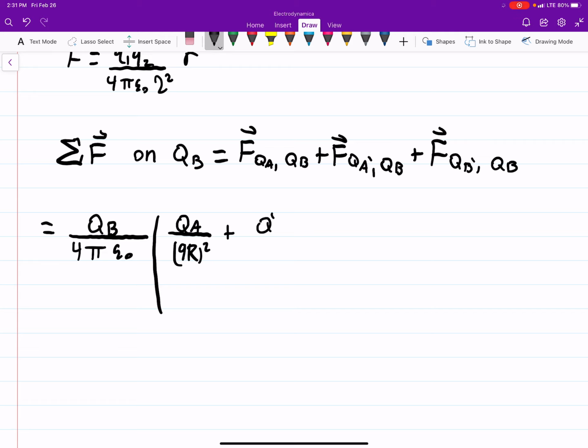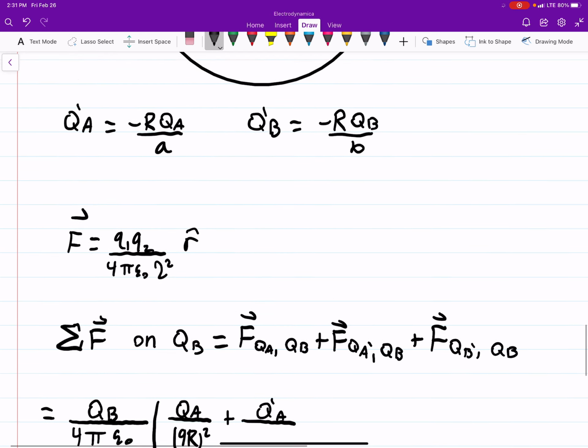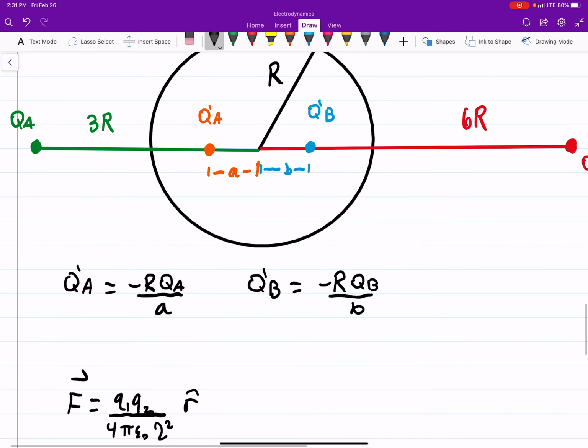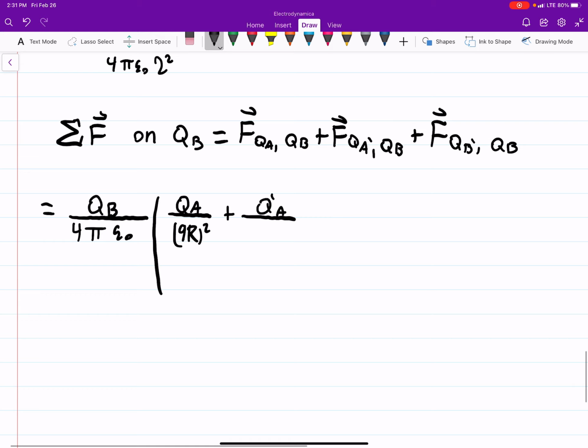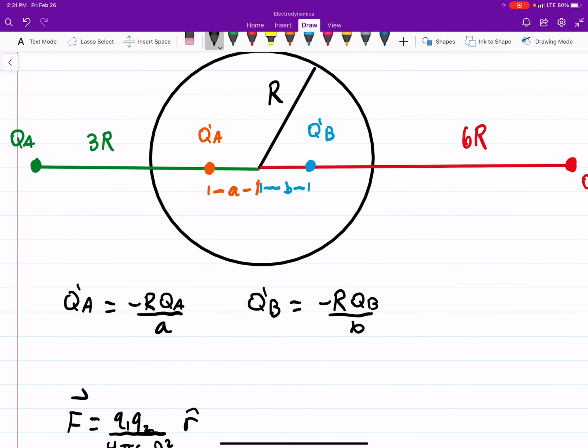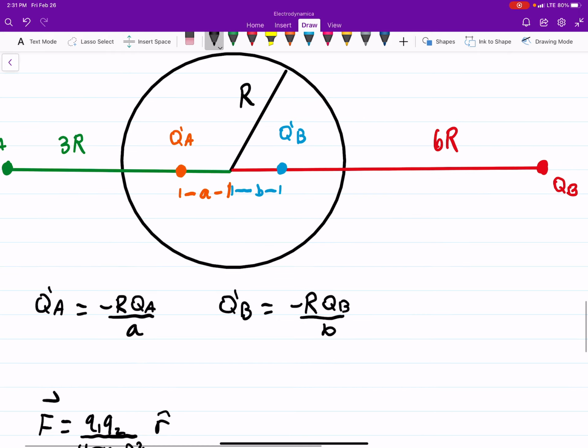Plus Q prime of A, so the imaginary charge. So how far is our imaginary charge A from QB? Well, we know 6R takes us to the center, so it's a distance of 6R plus the distance Q prime A is from the center, which is A. So the distance is 6R plus A squared, plus our imaginary charge from B. So B is not quite 6R, it's actually a little bit closer, right?